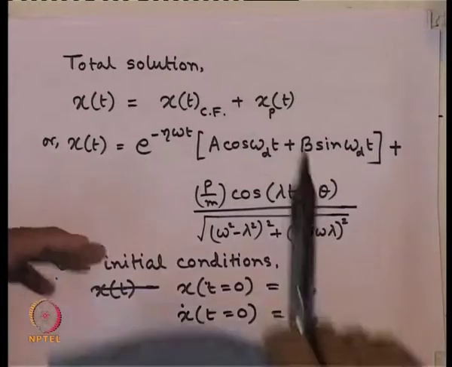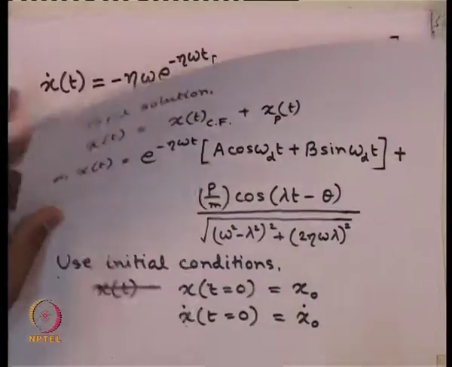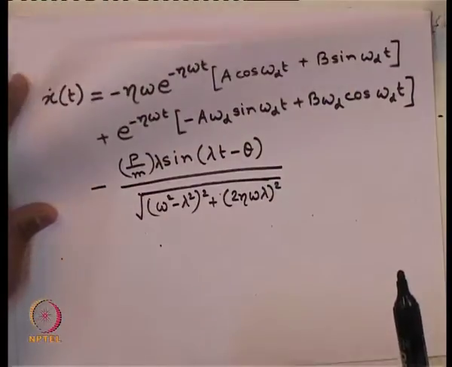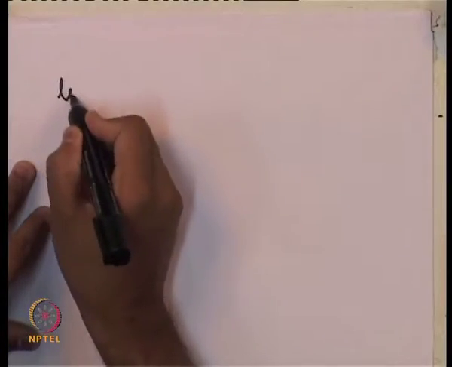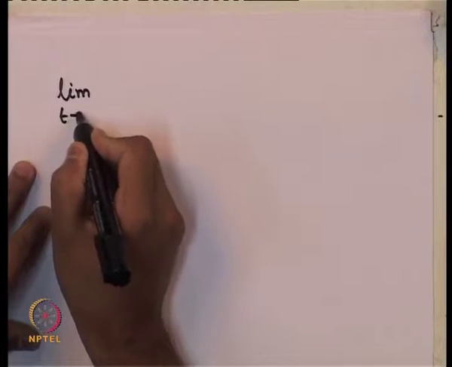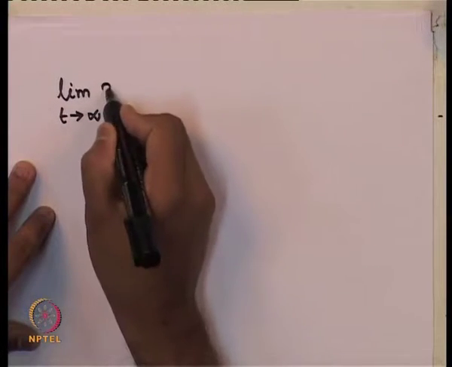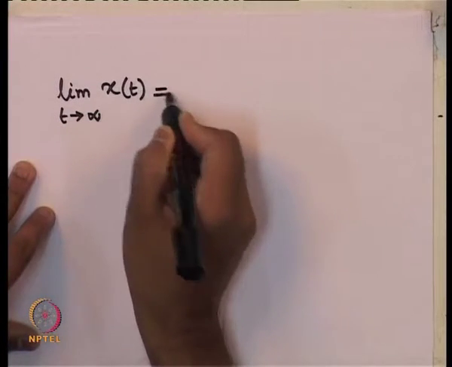So, in other words, if we want to know the response for a longer duration, if I want to write the limit t tends to infinity of x of t, how should it look?